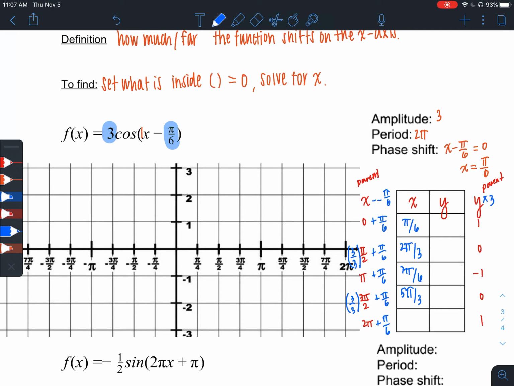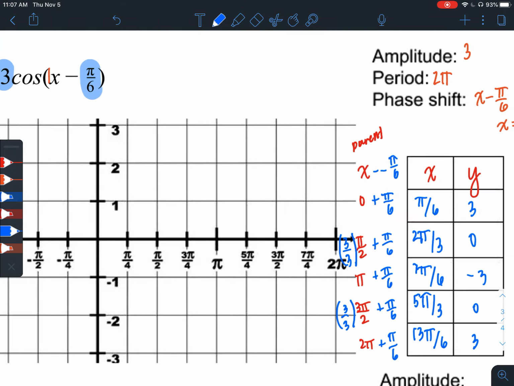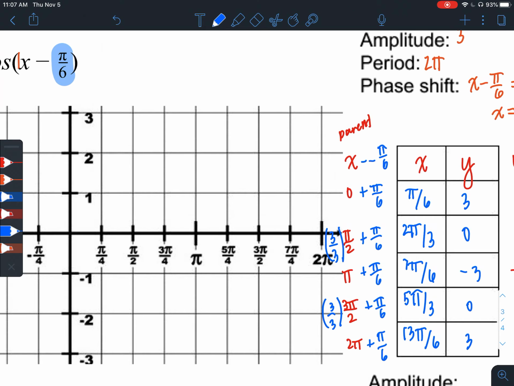And then this is 12, 13 pi over 6. Okay, so I'm just adding those together. You can do those in the calculator. And then I'm multiplying each of my y values by 3. So 3, 0, negative 3, 0, 3. So we don't have these values on here. I didn't quite think that through, I guess.